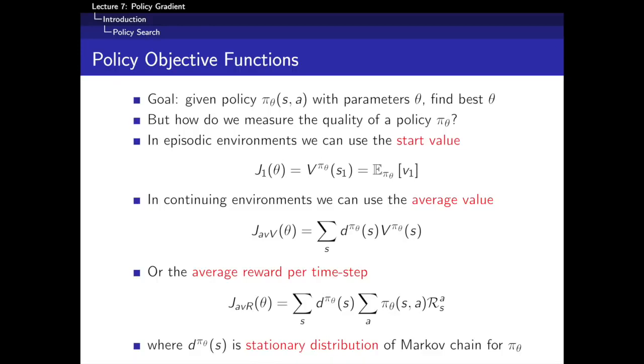So the objective is: there's some probability that I'm in a state, there's some probability I'll take an action from that state under my policy, and this is the immediate reward that I'll get at that step. And what we care about is getting the most reward per time step. That's another way of saying extracting the most juice from my environment. This relates to the average reward formulation that was like an extra for lecture 2 that you find in the notes.